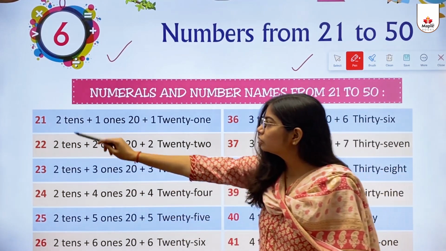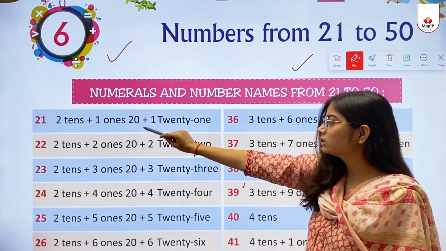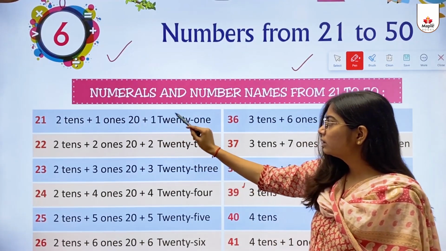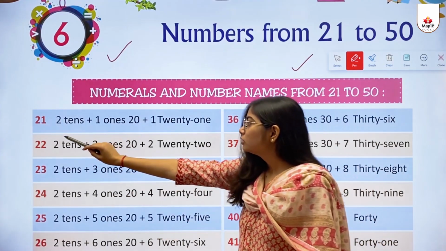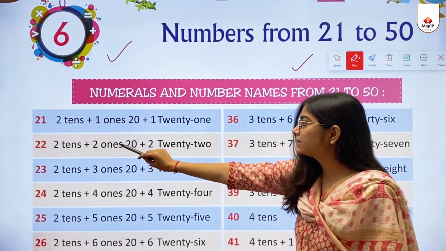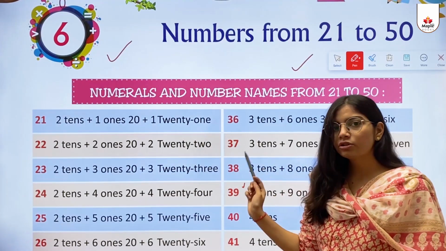21 means 2 tens plus 1 one, 20 plus 1, which makes it 21. Then 22, 2 tens plus 2 ones, 20 plus 2, which makes it 22.